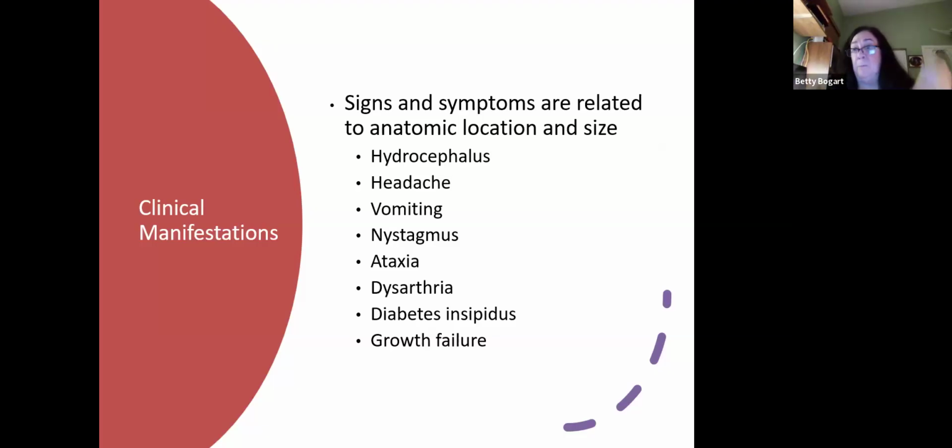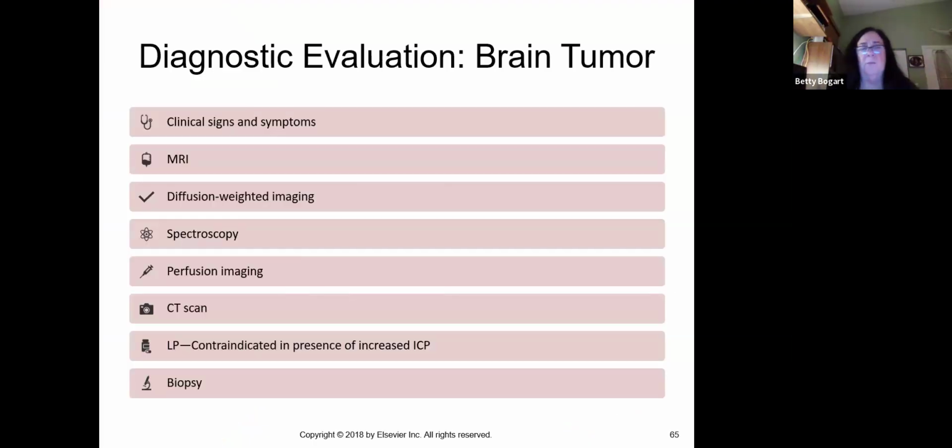It could even be diabetes insipidus, the pituitary gland telling you something is going on there. And of course the growth, which is part of the pituitary gland too. So the symptoms: headaches getting worse, vomiting not related to feeding, and basically symptoms getting worse over time, and then all of a sudden you can't walk, etc.